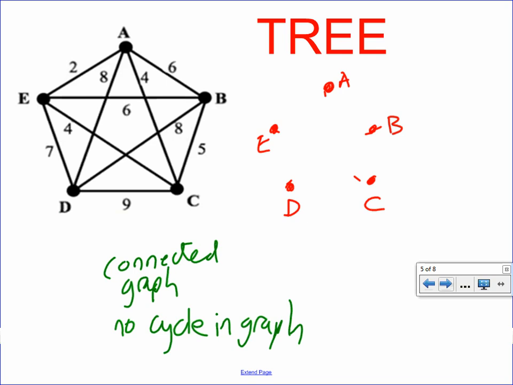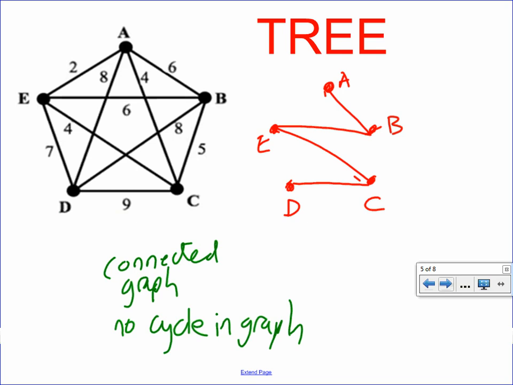So a connected graph without cycles. Connected means every node is connected to every other node via a path.